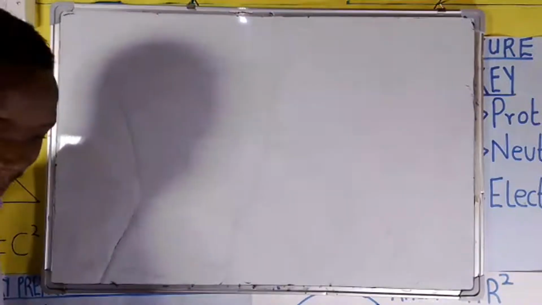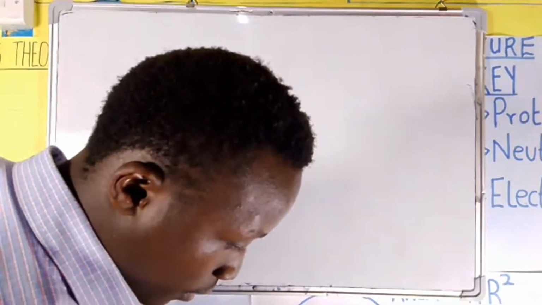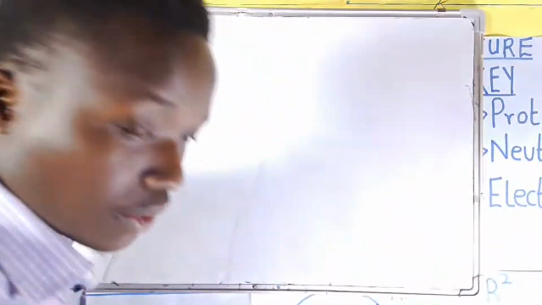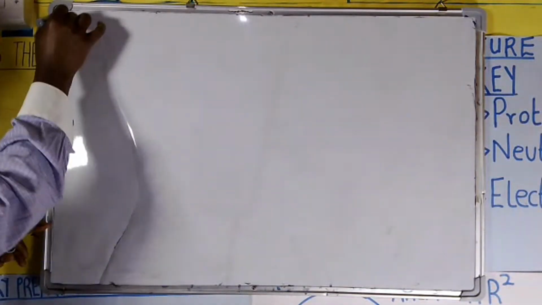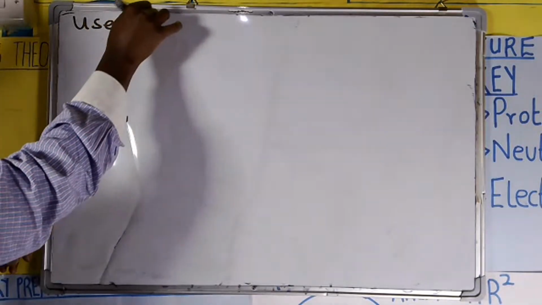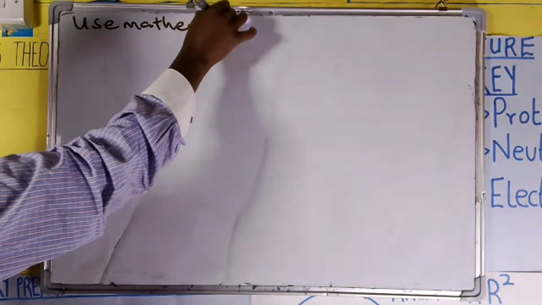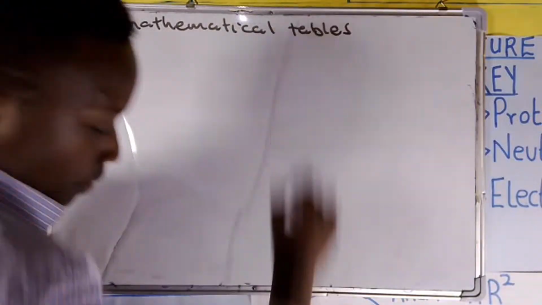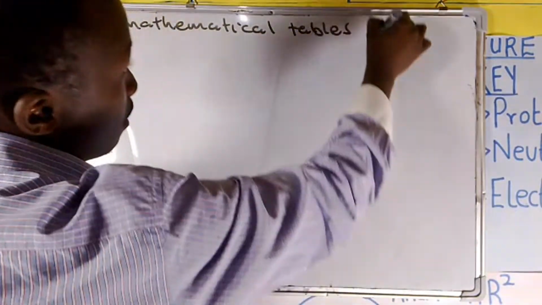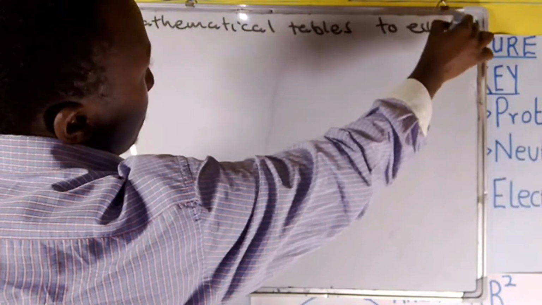So I want us to do another question here that is going to integrate something on squaring. We are being told to use mathematical tables to evaluate.